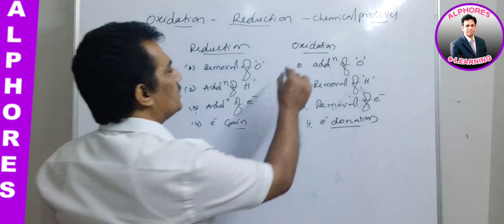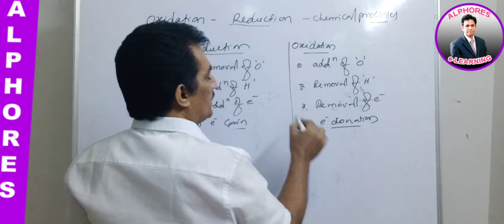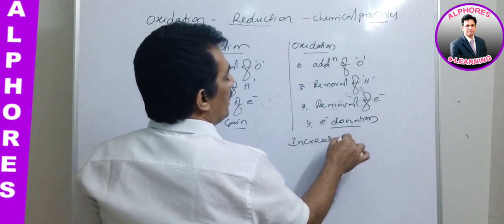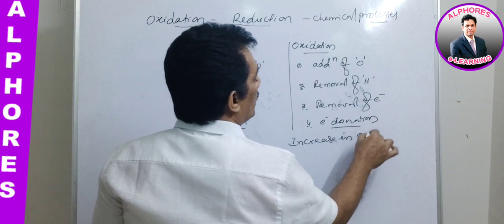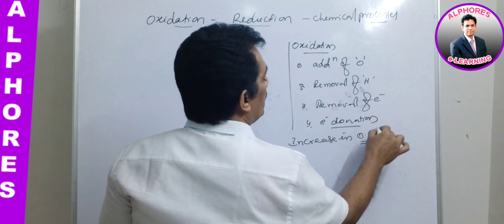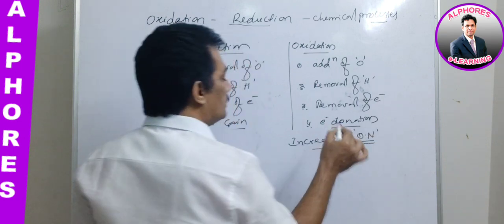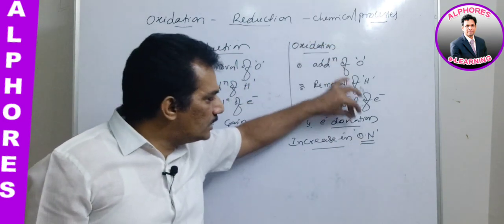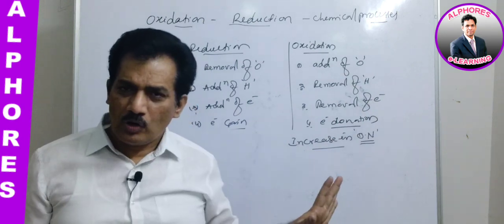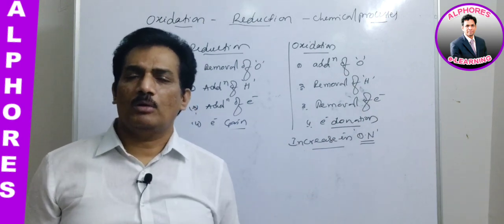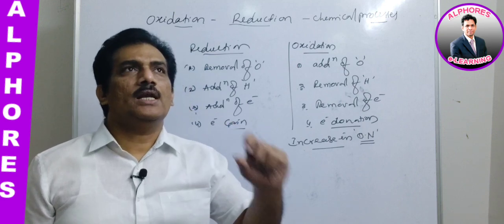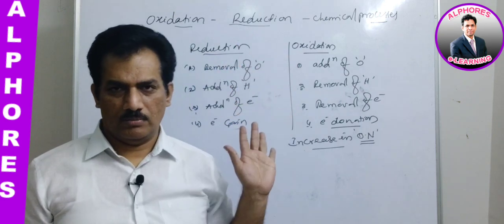Remember, increase in oxidation number is oxidation. Whatever these things are, you need not worry about them. Just observe whether the oxidation number is increasing or not for any element.